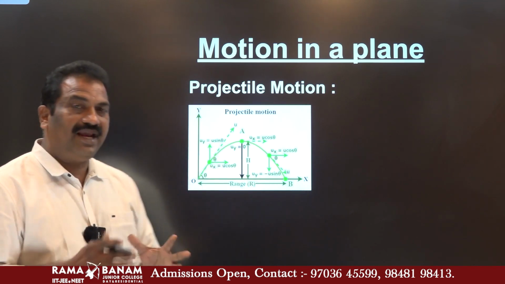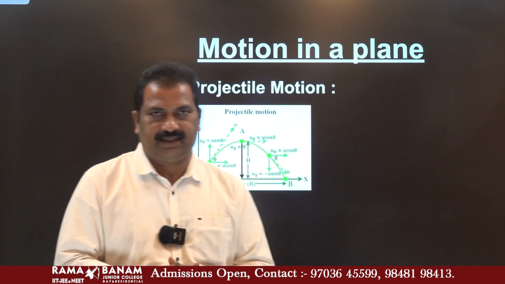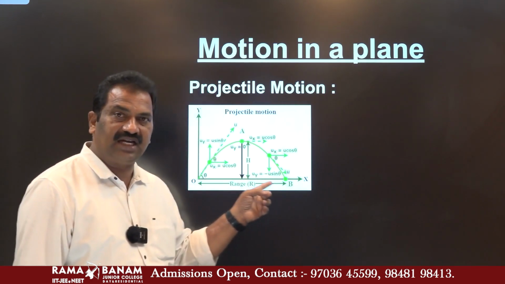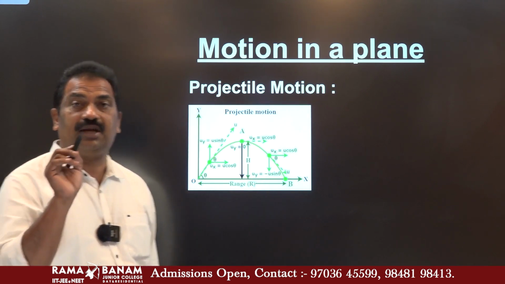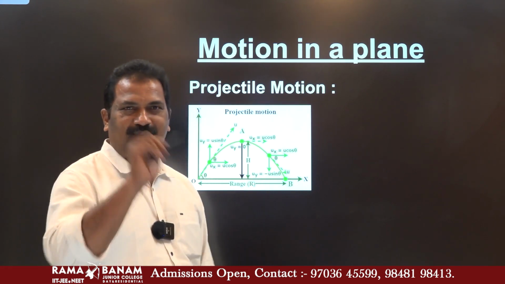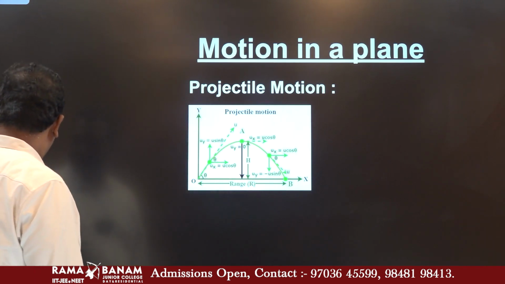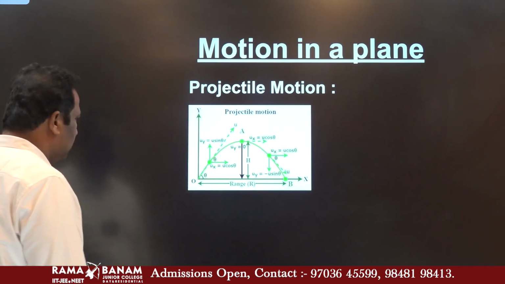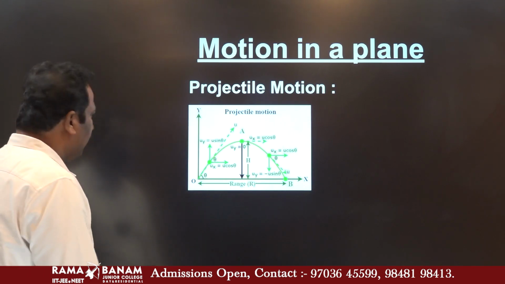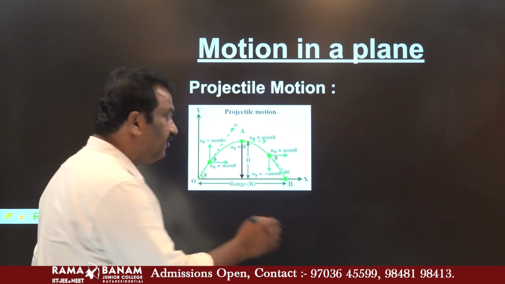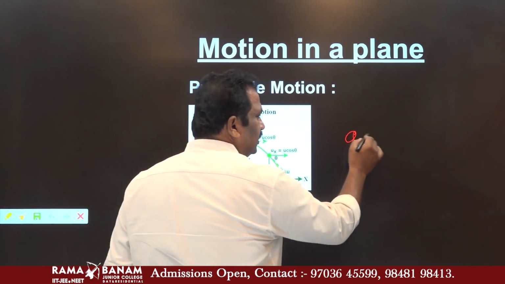Here, the main key points we have to discuss. One is, when a body is moving along the horizontal direction, acceleration becomes 0. This is the main point. Along the horizontal direction, the body moves with uniform velocity, so acceleration becomes 0.